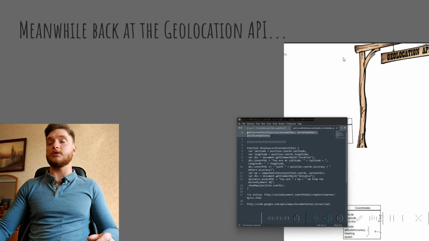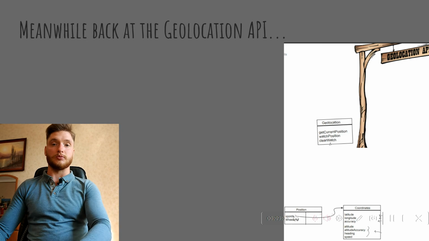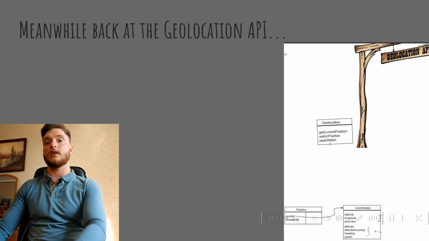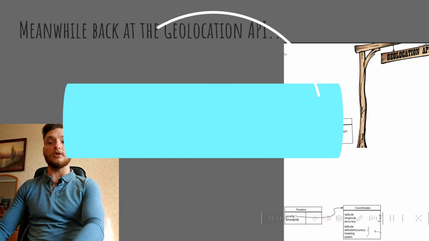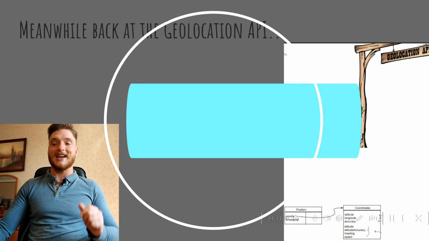We know about latitude and longitude, but there are other properties in the coordinates object. Three are guaranteed: latitude, longitude, and accuracy. The rest may or may not be supported depending on your device. And can we talk about your accuracy? We'll talk about this in the next lesson.